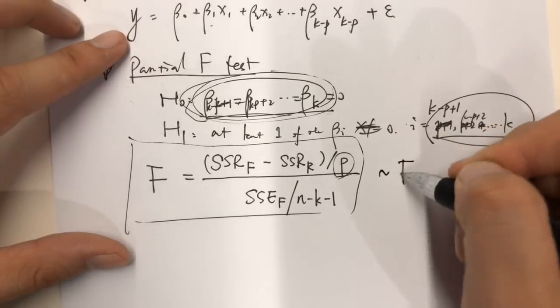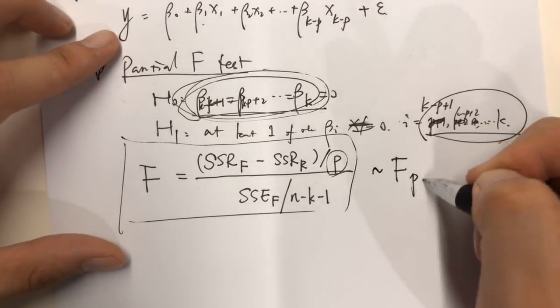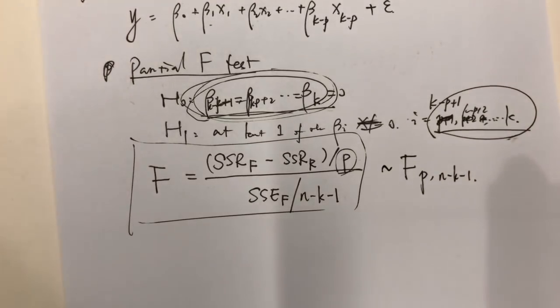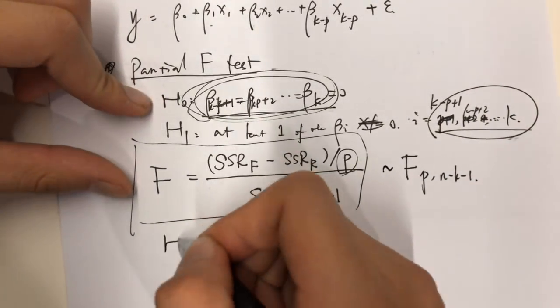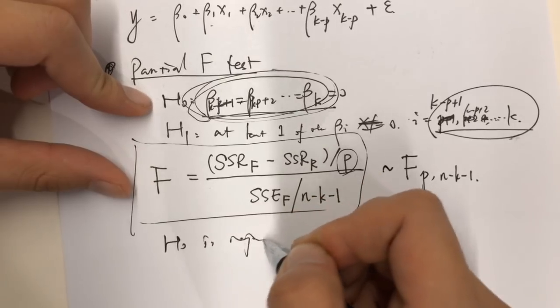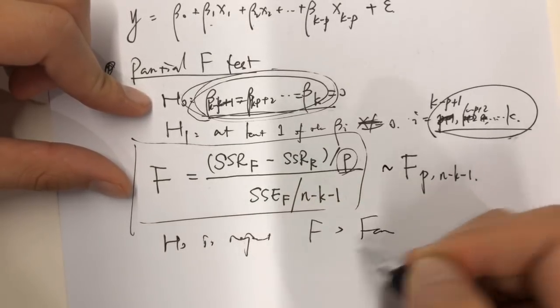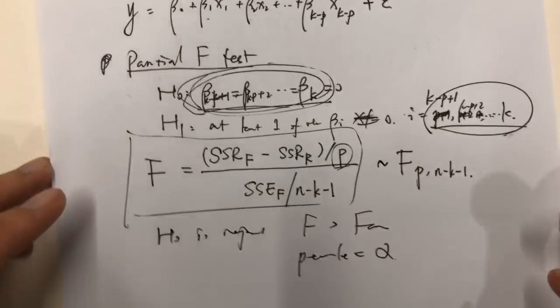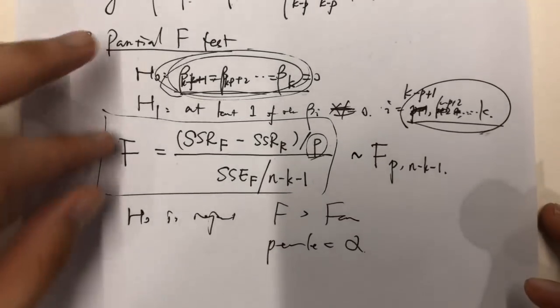This F follows the F distribution with degrees of freedom p and n minus k minus 1. Again, the null hypothesis is rejected if F is larger than the critical value or the p-value is less than alpha, same thing. So that's the partial F test.